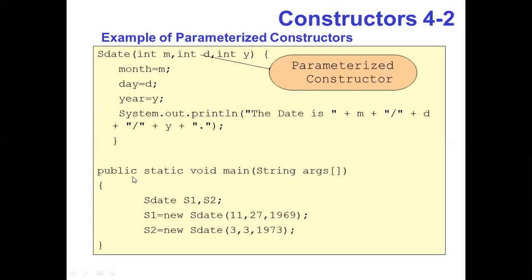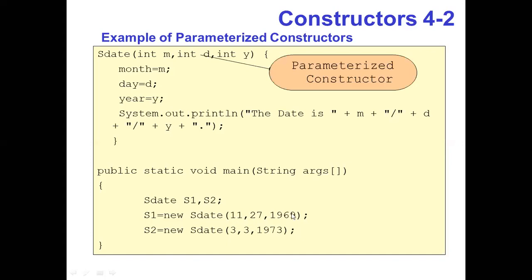Under that, we write public static void main, creating the objects of type sdet, s1 and s2. Now you can observe that s1 and s2 are two objects that belong to sdet. s1 is equal to new sdet. Within the parentheses we are passing three parameters, the three values 11, 27, 1969.